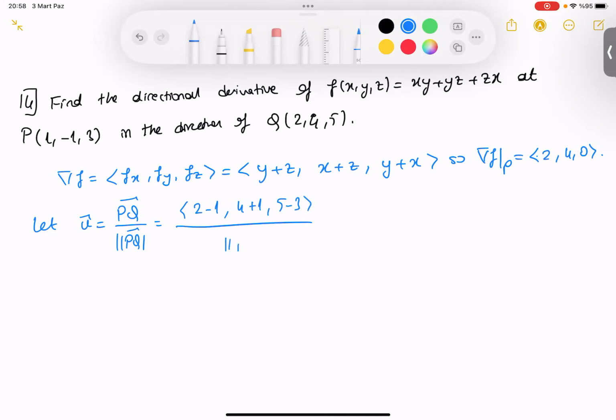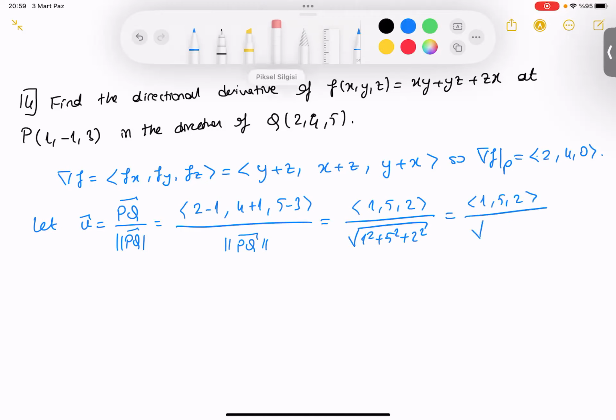Okay. So what do you have? (1, 5, 2) over square root of this. And there you get 25, 29, 30.